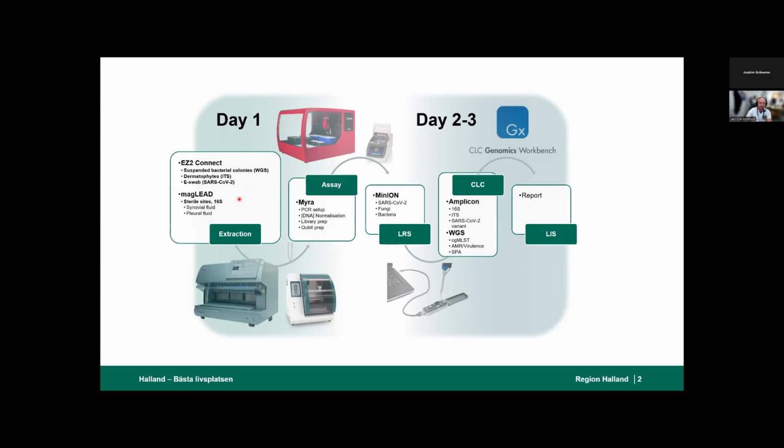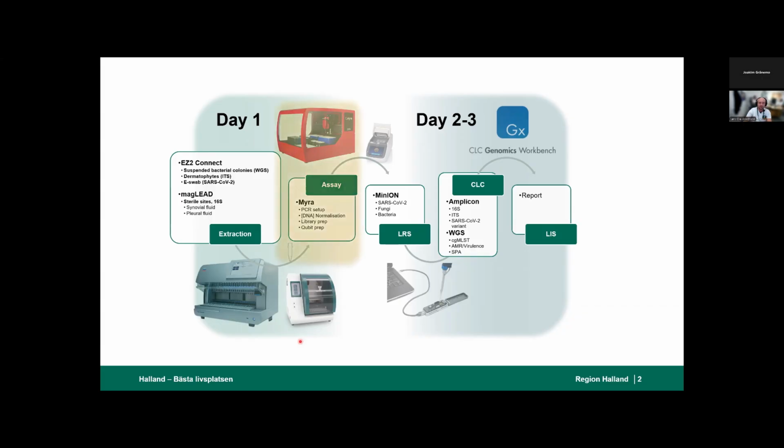But for the more sensitive samples, such as those that originate from sterile sites, we use a Mag Lead. And this one is placed in a completely different room where no other microbiology samples are handled, so that we are able to limit the risk for contamination.